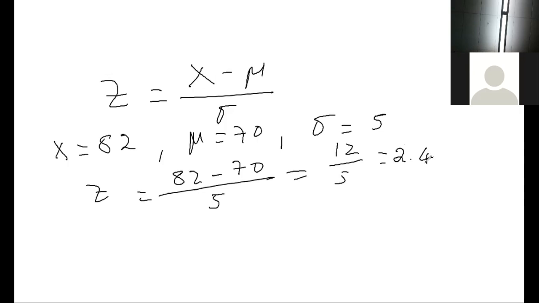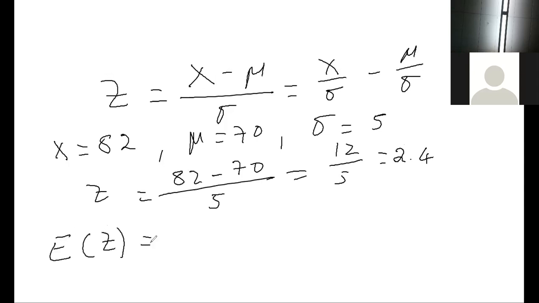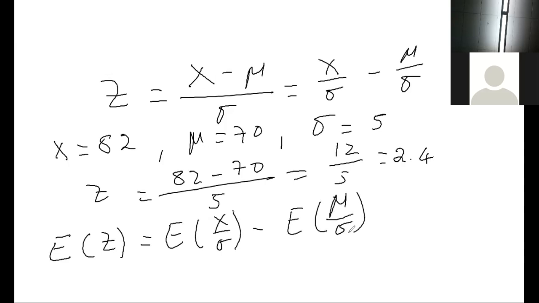Look at it. I write this as x divided by sigma minus mu over sigma, right? So if I do E of z, because we know linear functions, E of z will be E of x over sigma minus E of mu over sigma. Mu and sigma are constant, and this will be 1 over sigma E of x minus mu over sigma.